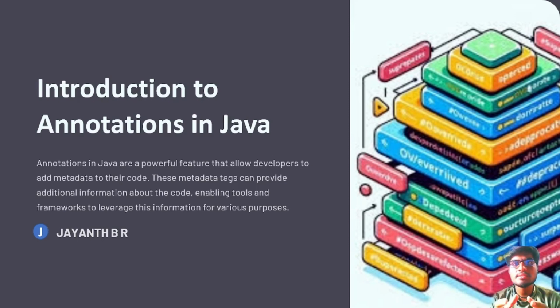Introduction to annotations in Java. Annotations in Java are a powerful feature that allows the developer to add meta descriptions to their code, and these meta description tags can provide additional information about the code, enabling tools and frameworks to leverage this information for various purposes.